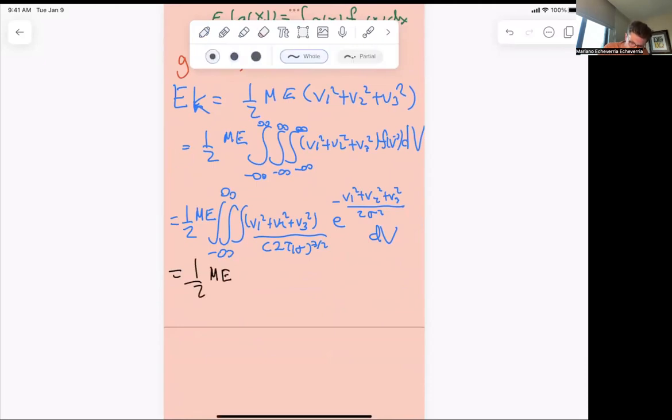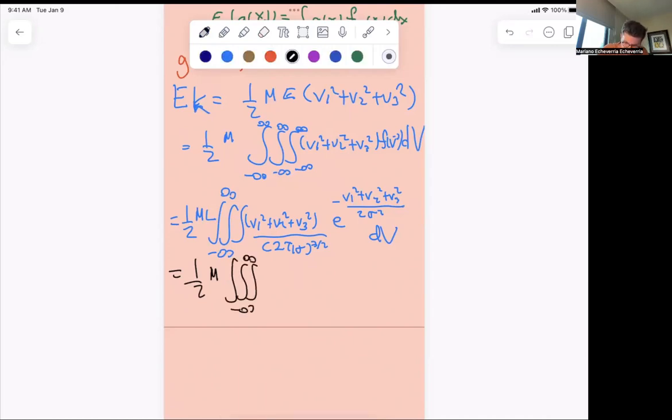Sorry, there should no longer be an E because that was for expected value, and I got rid of it. Triple integrals we didn't really do in class, so I wouldn't ask that.